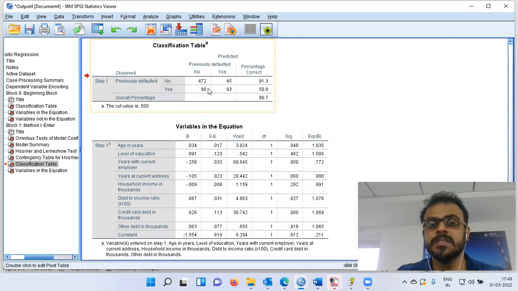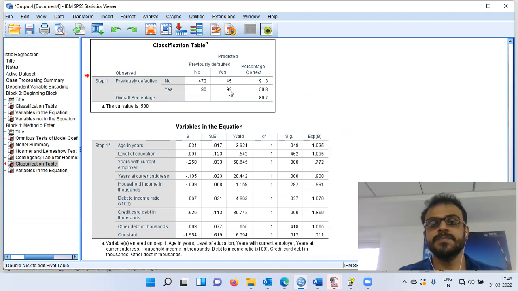Off-diagonal elements are the misclassification. So when the actual category is no and the model has predicted it as no, it is a correct classification. Similarly, when the actual category is yes and the model has predicted it to be yes, that again is a correct classification.